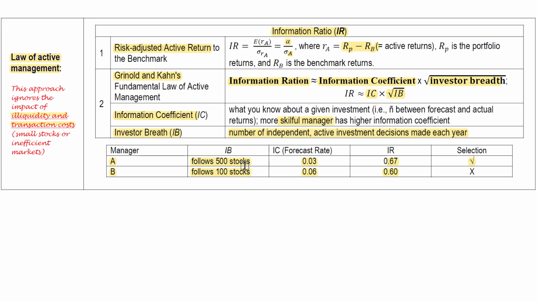So if you're doing the rebalance, your cost is high. And what about if those stocks are smaller stocks? Smaller stocks, so you will have a higher transaction cost and low liquidity. So when you use the IR, you have to consider the transaction cost and liquidity risk simultaneously.